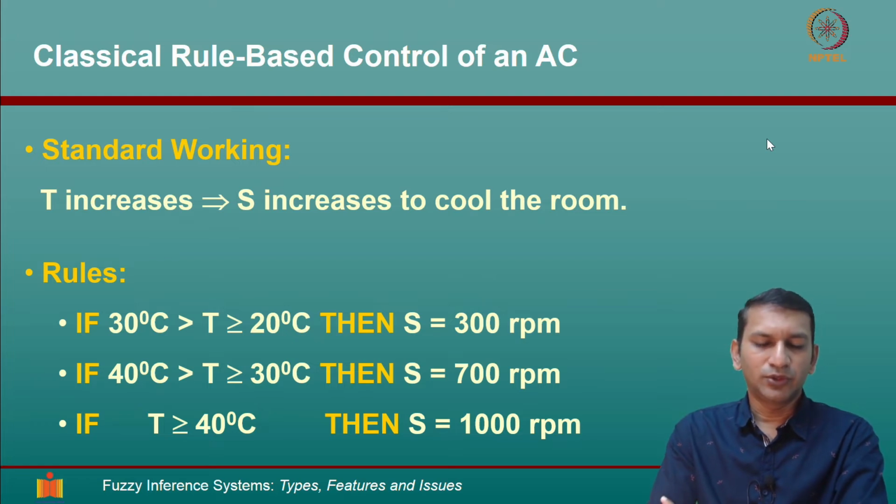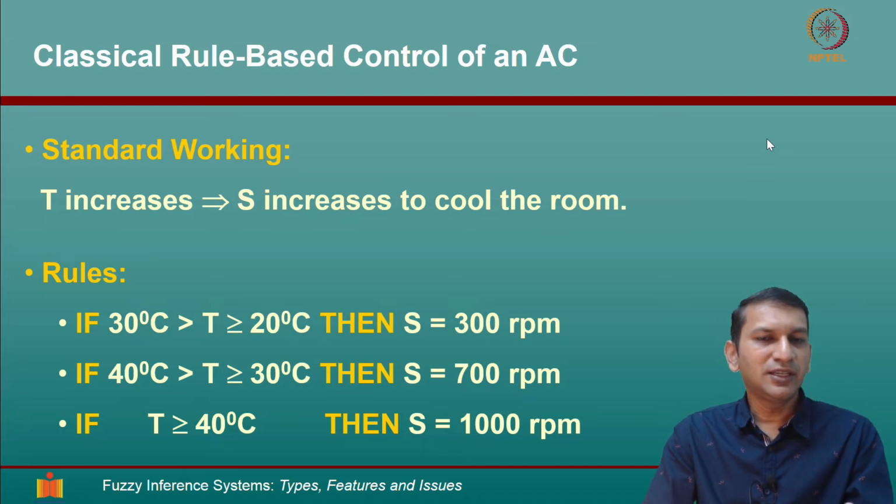Second thing that we should note here is, given a T, how does it work? All it does is it checks, much like a couple of lines of code that you would probably write in a basic programming language like C. If T is between these two values, then assign S this value.